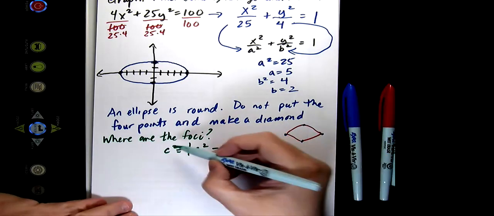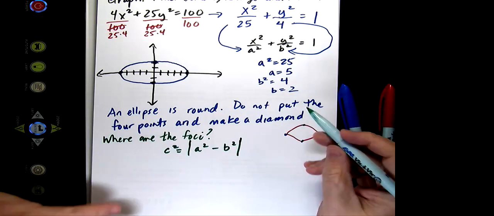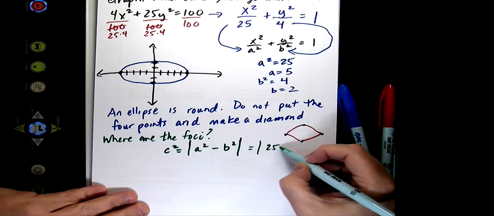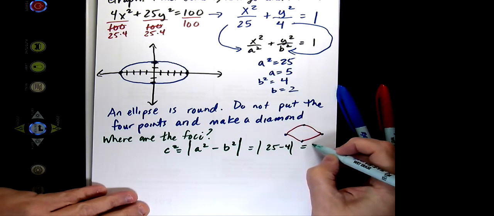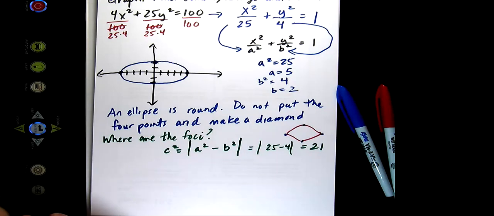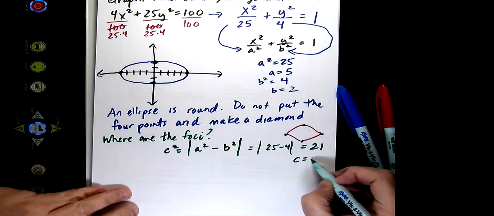That's next week. So in this case, I've got 25 minus 4 is 21. And I don't need the absolute value here. And that's c squared. So c is the square root of 21.